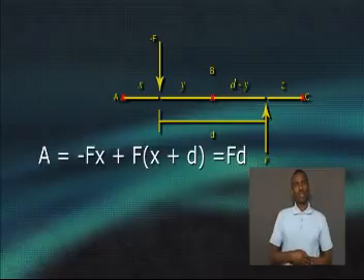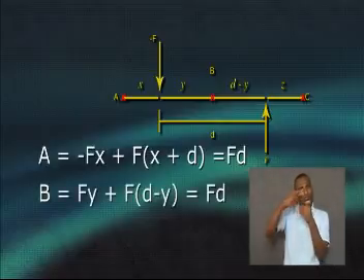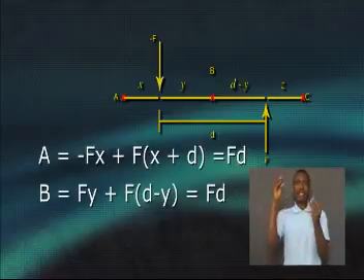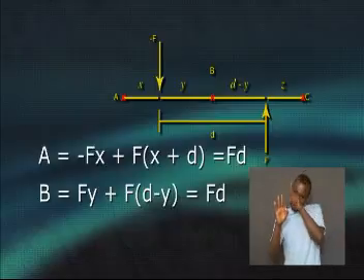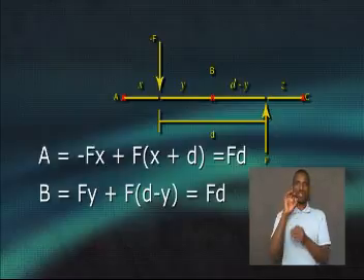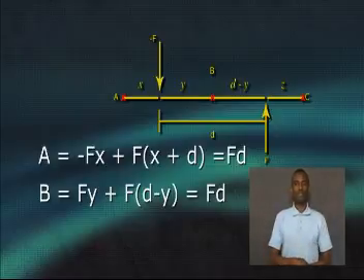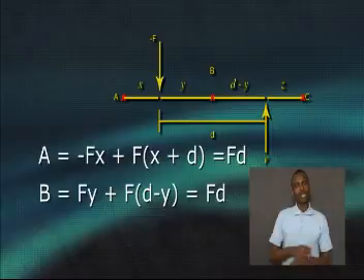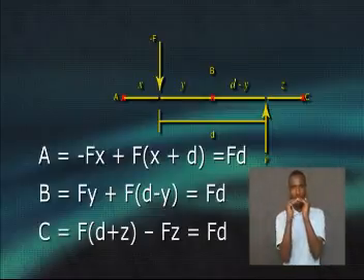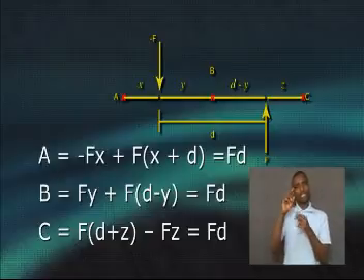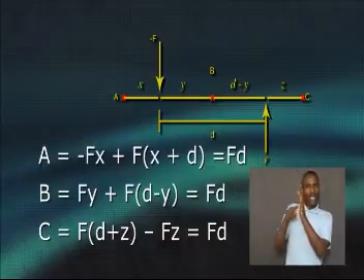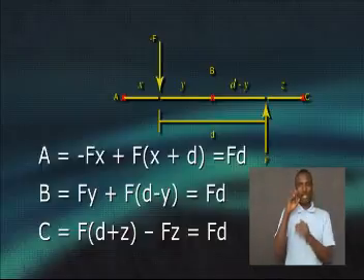For the moment about B, B equals Fy plus F times (d minus y) equals Fd. For the moment about C, C equals negative F times (d plus z) minus Fz equals Fd.